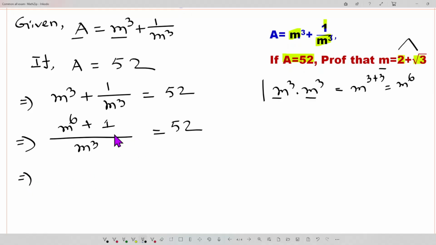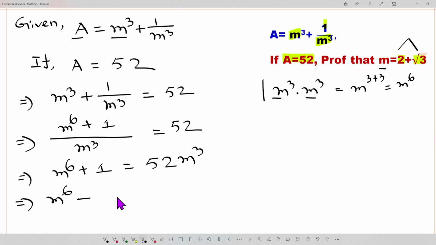Now we can multiply both sides by m cube. In that case m to the power 6 plus 1 equals 52 m cube. Now we subtract 52 m cube from both sides, so minus 52 m cube, it should be plus 1 equals 0, right?